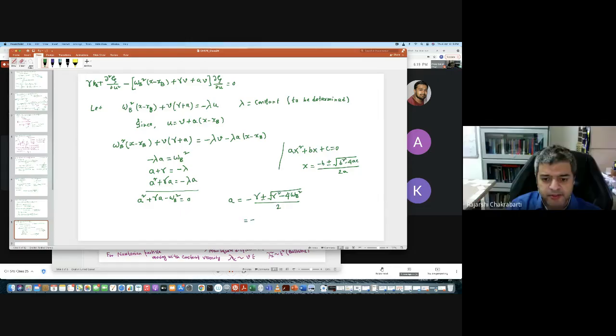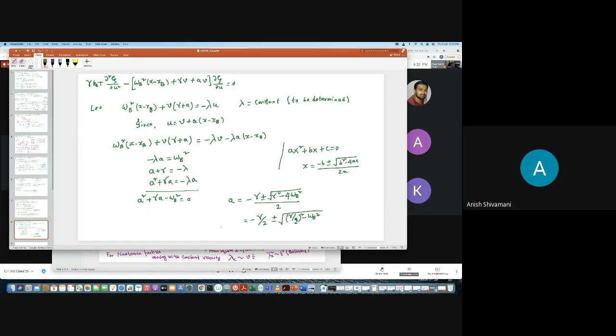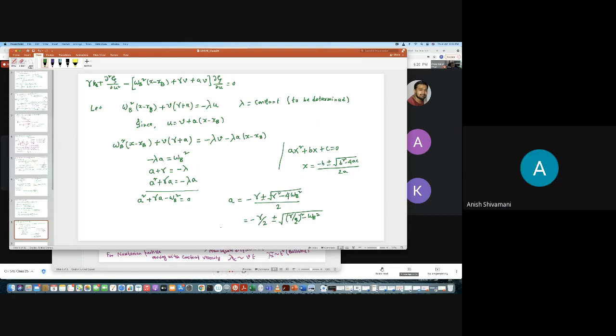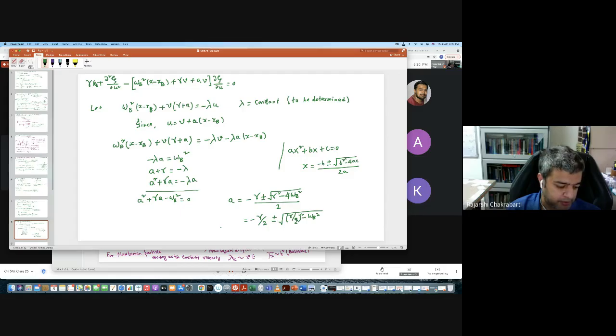Which basically means minus gamma by 2 plus minus root of gamma by 2 whole square minus omega b square. Okay, this is fine. It should be a plus under root, right? No, plus. Gamma square plus 4 omega b square. Yes, plus. Yes, sir. No, then I'll have a problem here.